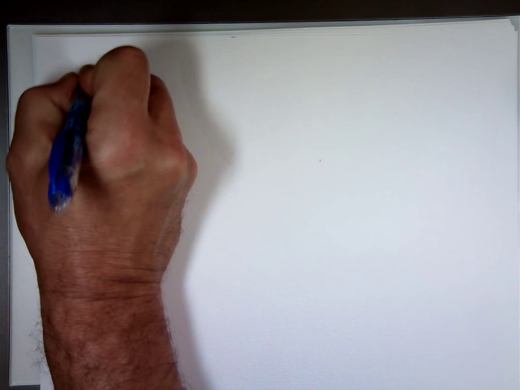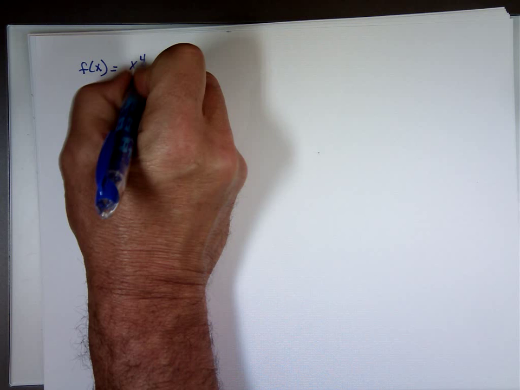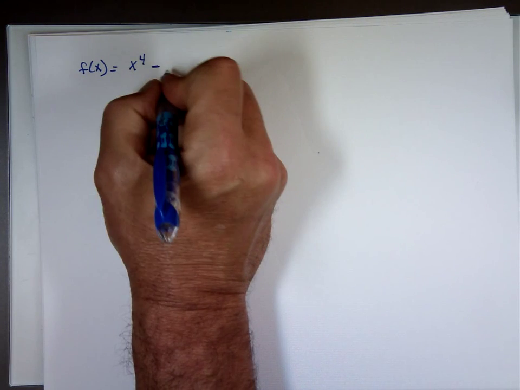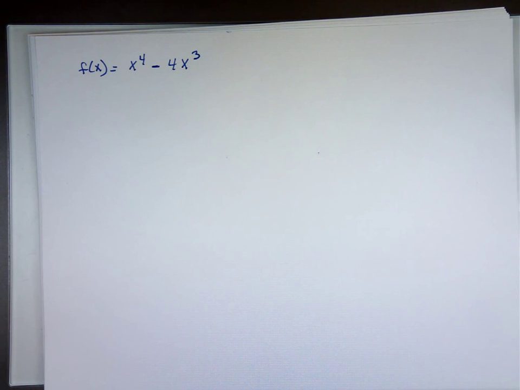Let's take this one. F of x equals x to the fourth minus 4x to the third. And I'm going to go through the whole thing. The first derivative, second derivative, and graph it.